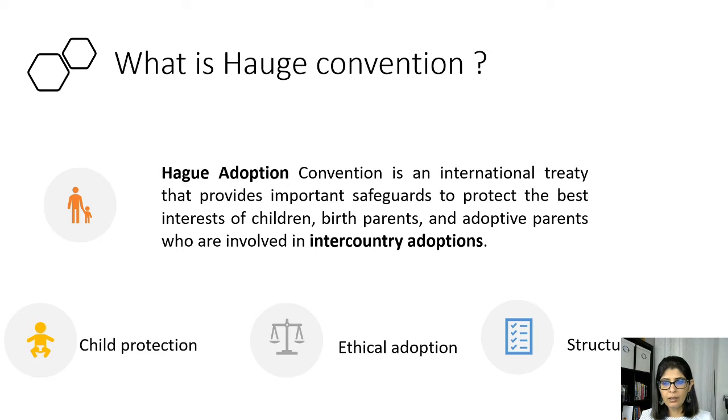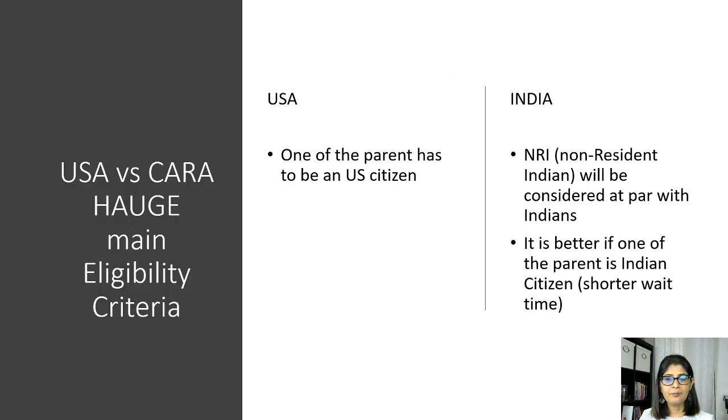So for the US and India, the structure and rules are laid out very clearly by both CARA as well as USCIS, so by both the Indian as well as US authorities, and we're going to talk about why those rules and regulations make it almost impossible for us to adopt from India.